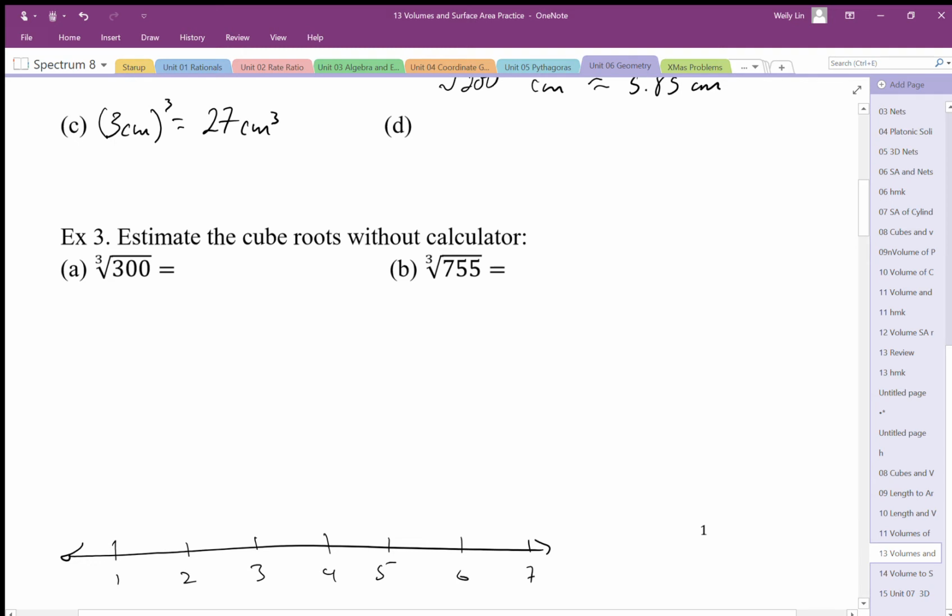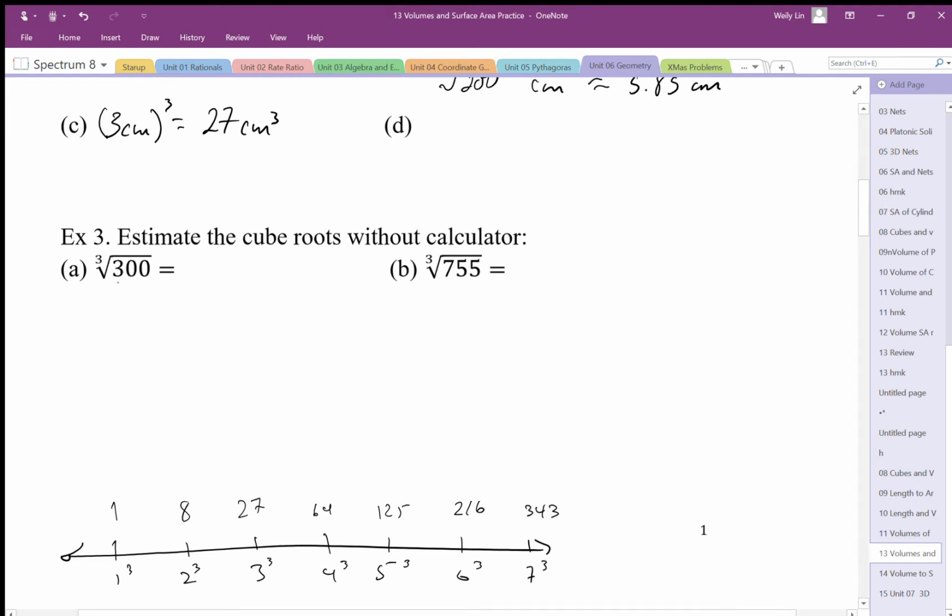The cubes of those: 3 cubed is 27, 4 cubed is 64, 5 cubed is 125, 6 cubed is 216, and 7 cubed is 343. Okay, so we use those as standards to help us with cube roots.